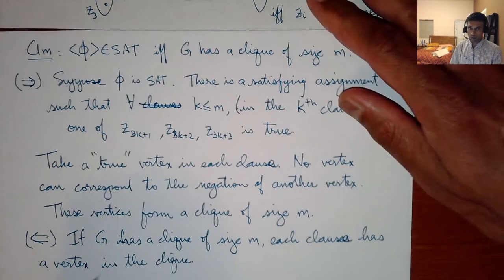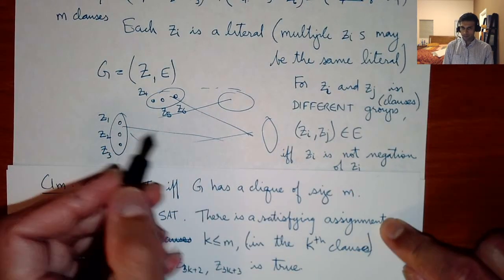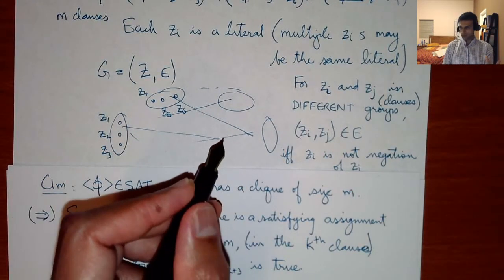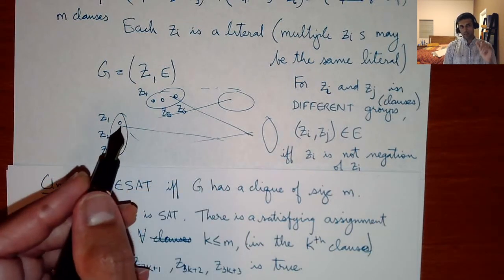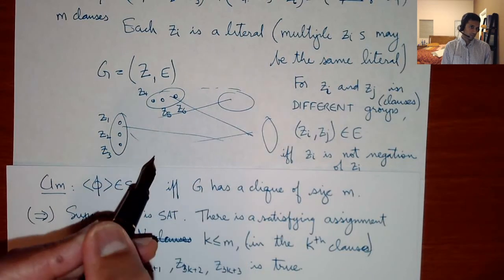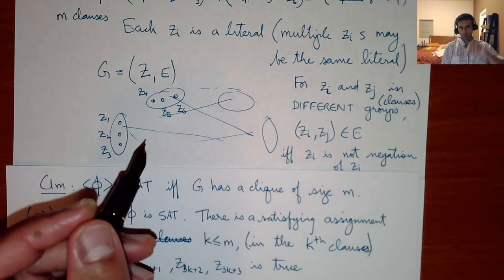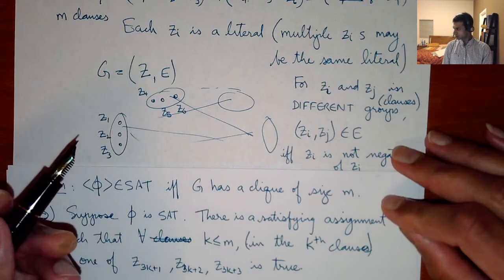This is really important because I only connect vertices in different clauses, in different groups. I never connect two vertices in the same clause. And because there are m clauses, there are m vertices in a clique. There's one that has to be in each clause.